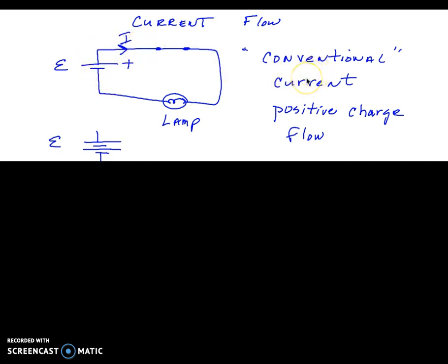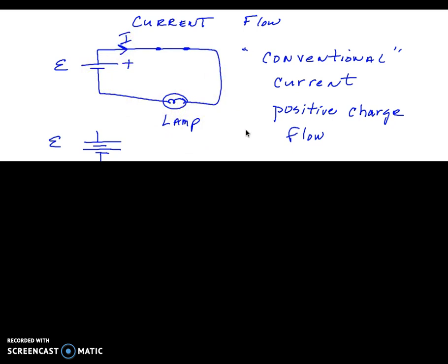And even though it is wrong, because now we know that the electrons are the particles that actually move in a circuit, for whatever reason, and I don't know why, they've decided to stick with the conventional current convention that states that it's the movement of positive charge through a circuit that determines the direction of the current.